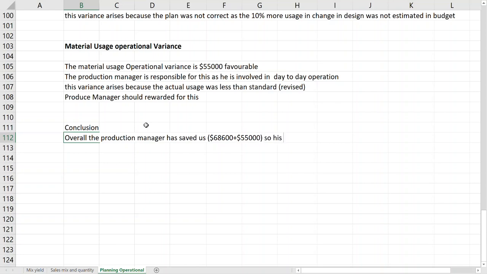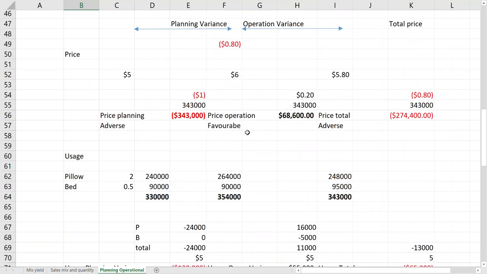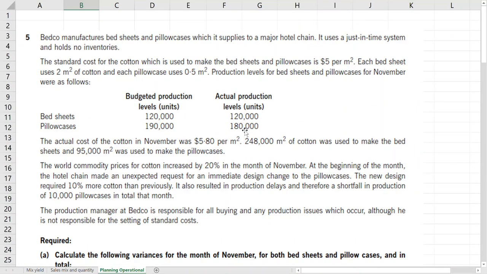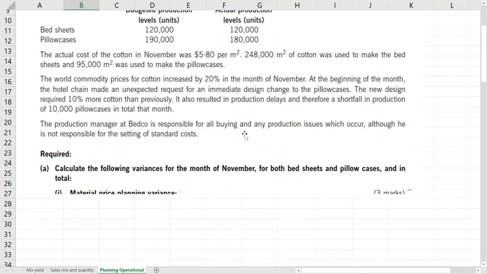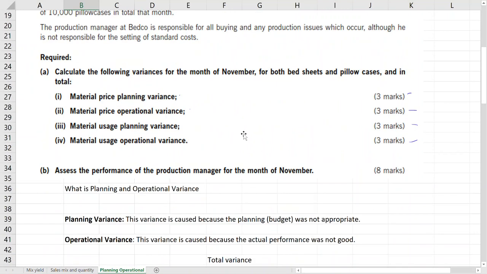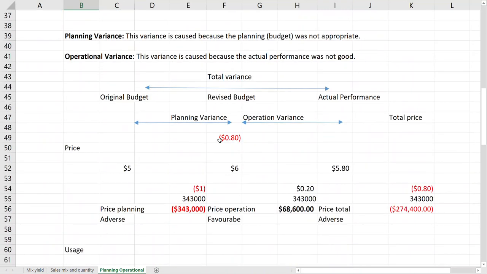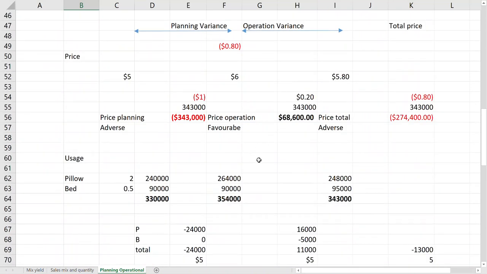So his performance is rewarded. Does it make sense? So this is your operational and planning variance. Remember, it is exactly the same for labor, because as I explained in basic variances, the way you calculate labor and material is very similar. You are just looking at the new information that is given.